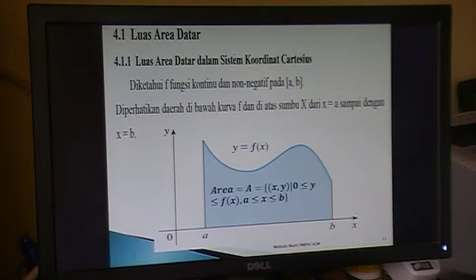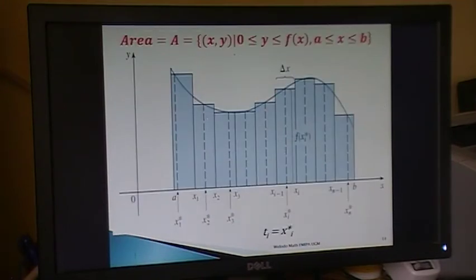In this lecture, we would like to find the formula of the area A, the blue one, by using definite integral. How can we do that?